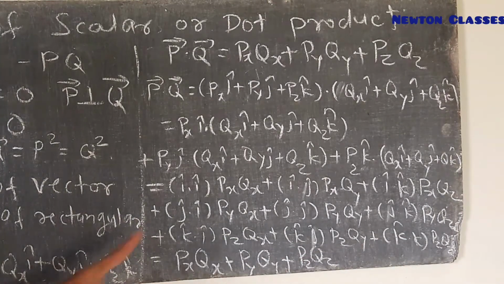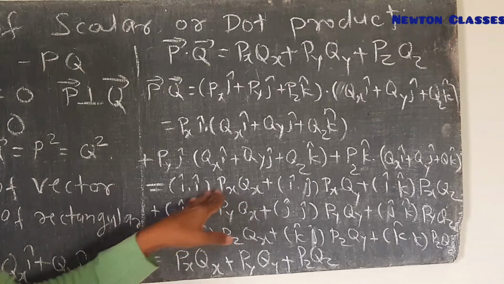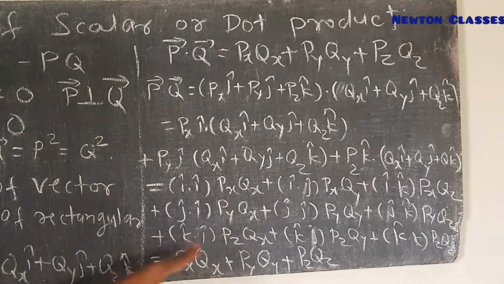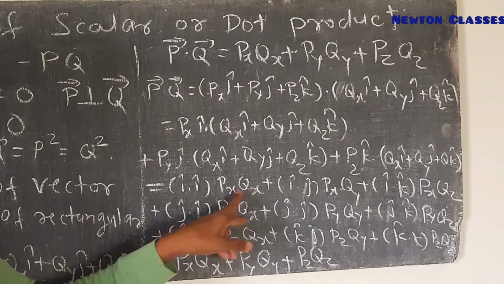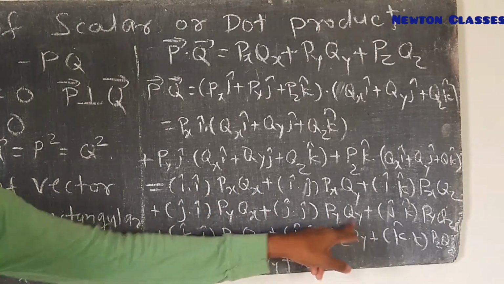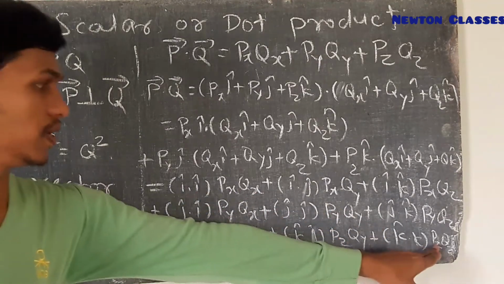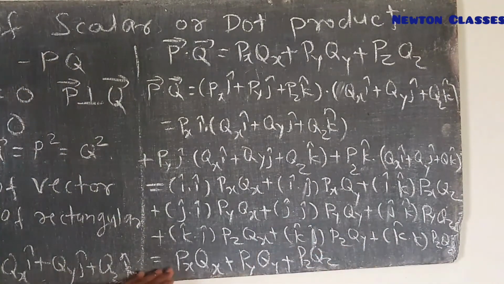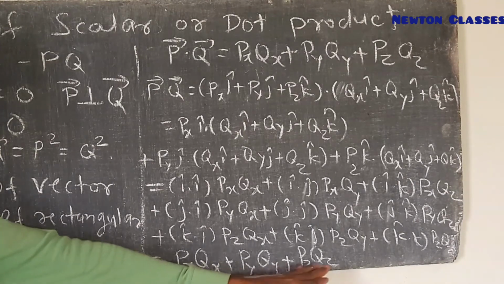Therefore, after calculating these dot products, we will get the answer px qx into 1 plus py qy into 1 plus pz qz into 1, that is, we get the dot product in the form of px qx plus py qy plus pz qz.